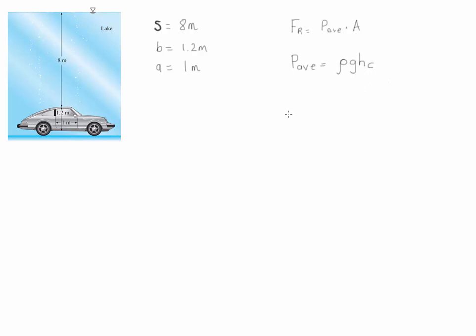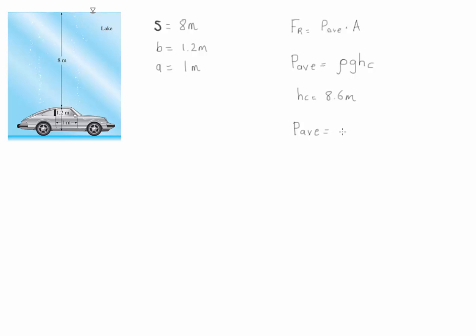Since it's a rectangle, the centroid is located right at the middle of the rectangle, which means it is 0.6 meters from the top of the door. If we add the 8 meters from the surface, then the value of hc is 8.6 meters. So now let's calculate the value of the average pressure.